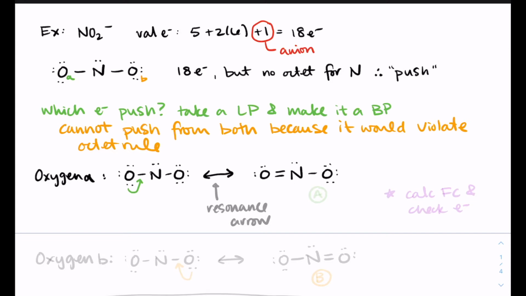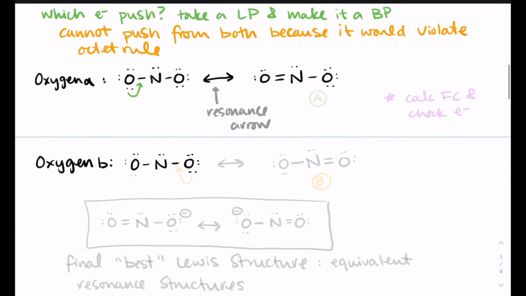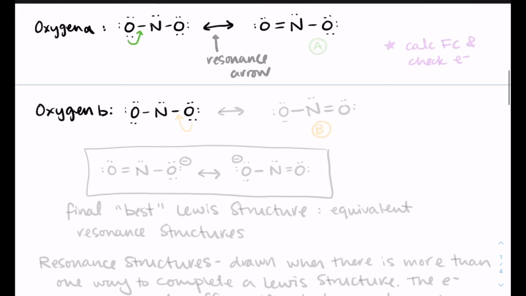I didn't move the atoms. The result is that my oxygen on the left has 2 lone pairs and a double bond to nitrogen. Nitrogen has a lone pair and a single bond to the other oxygen, which has 3 lone pairs. So this is structure A.